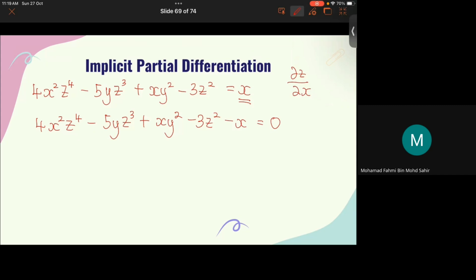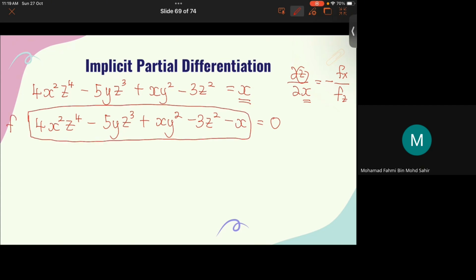So what's the formula for this? Remember, it is negative. Here is x, so it will be fx divided by, this is z, fz. So this is the formula. What is f? The whole function at the left side is your f. Now we find fx.